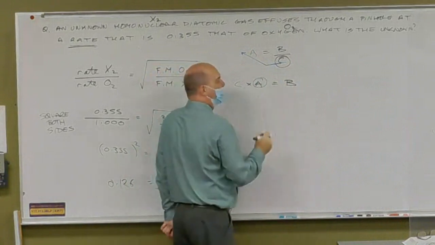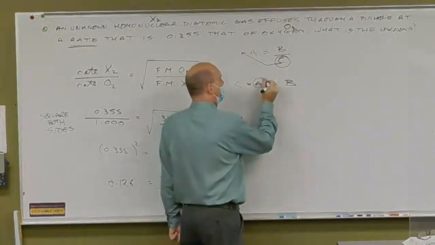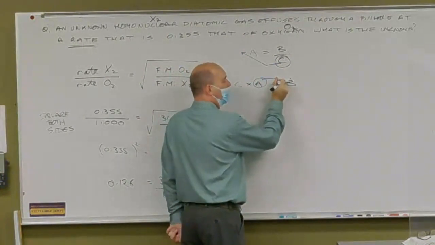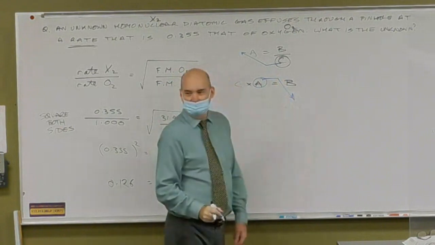At this point, I need to remove the A. I need to get it out of the way. So I'm going to push it across the equal sign where it becomes a denominator.